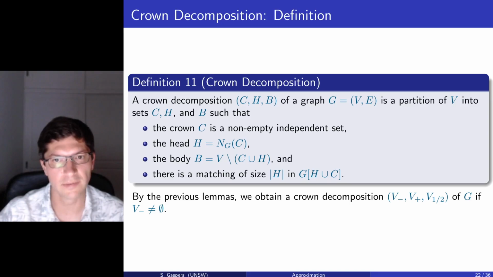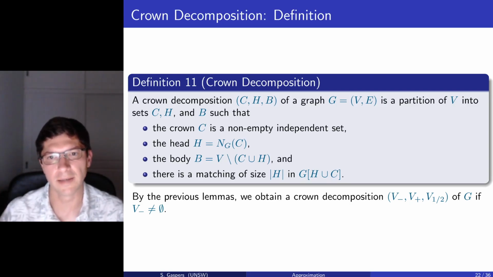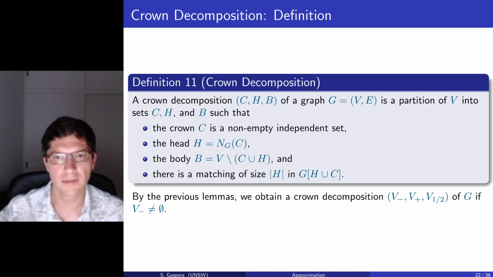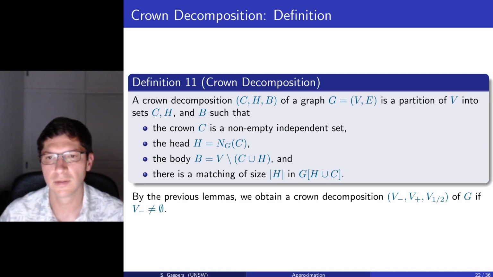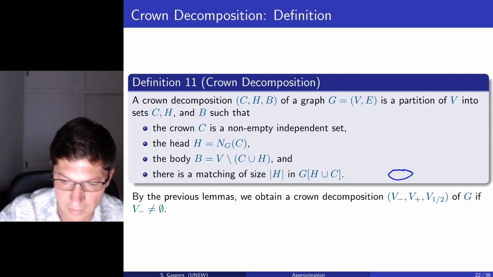The head is the neighborhood of the Quown, the body is all the remaining vertices, and there's a matching inside this graph between the head and the Quown that saturates the head. If it saturates the head, it must have size the cardinality of the head.